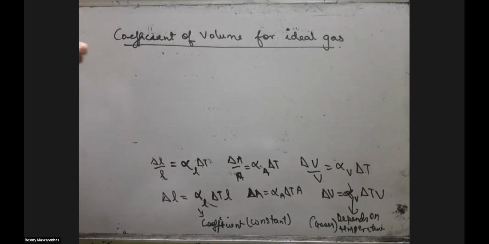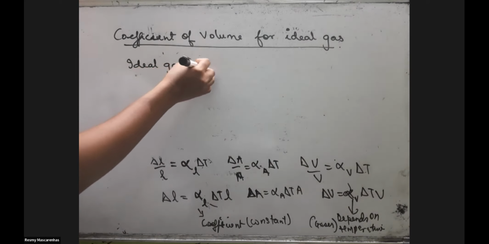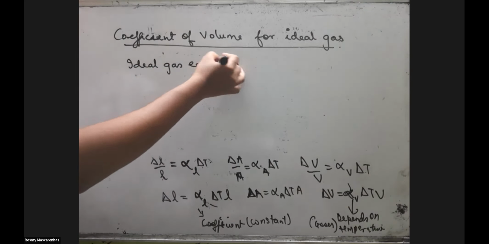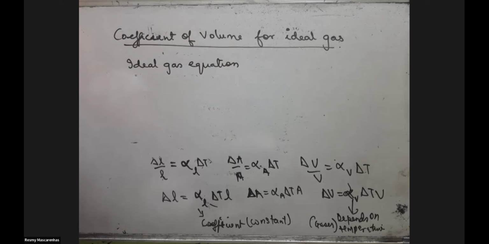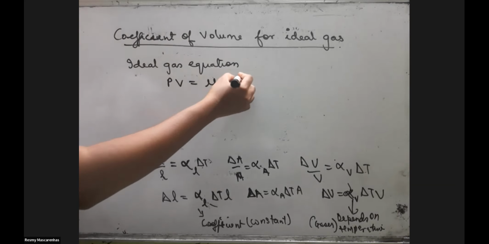I had given you all at the start of the chapter something called the ideal gas equation. This is the ideal gas equation which we have already seen: PV equals mu R T.